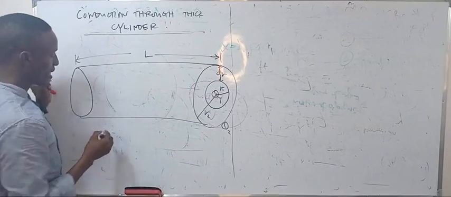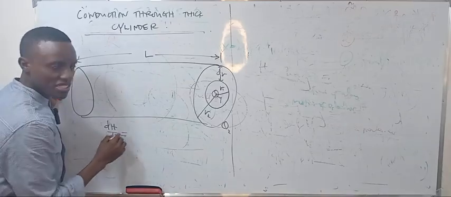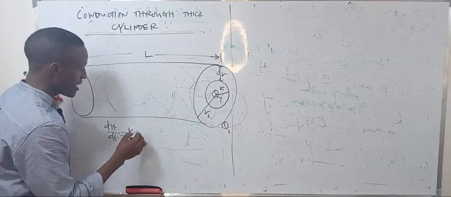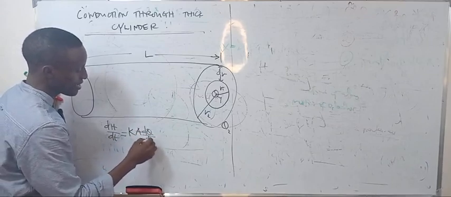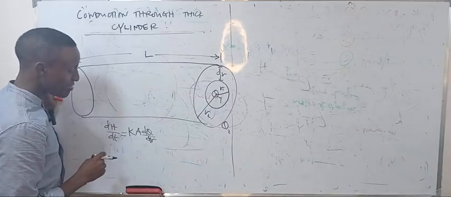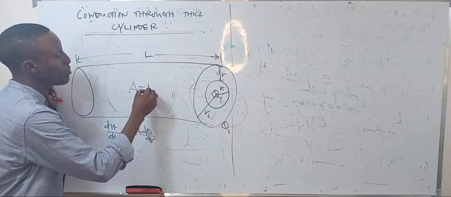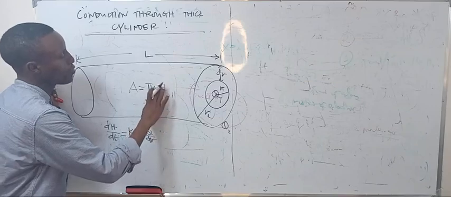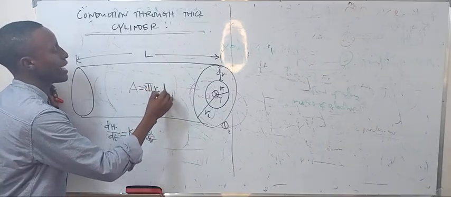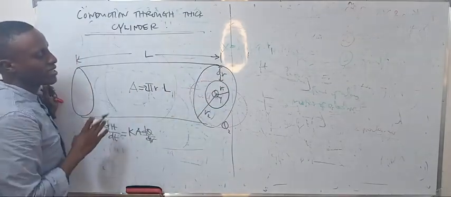Talking about the heat, the rate of flow of heat is K times area times the temperature gradient, d theta over dr. So what about A? The area is not pi r squared, it is 2 pi r L, meaning the perimeter of the circle times its length.